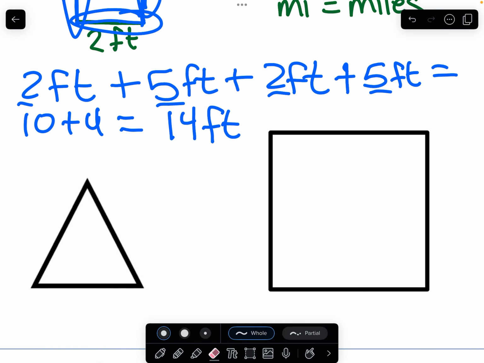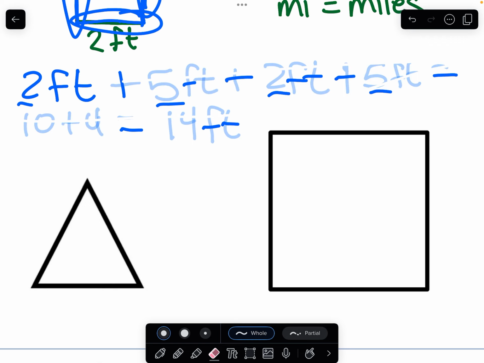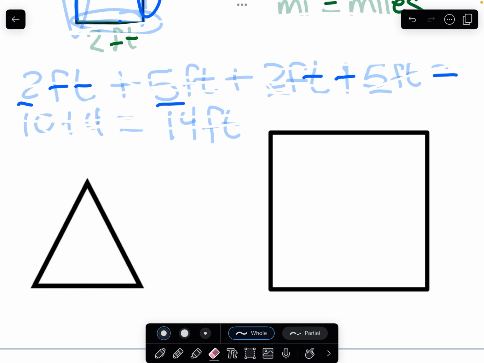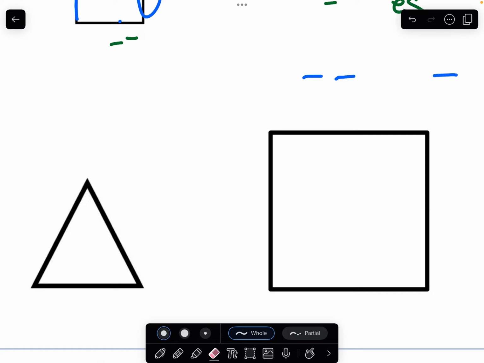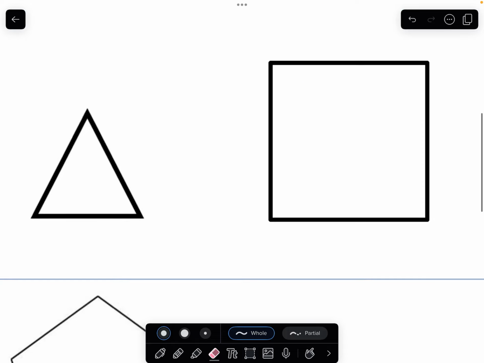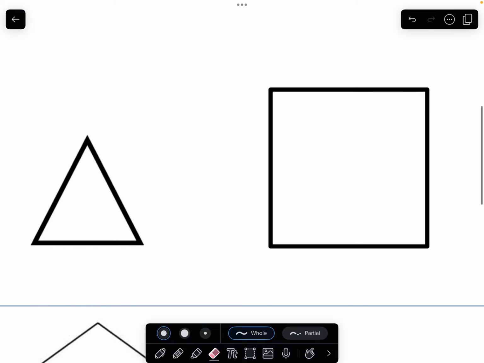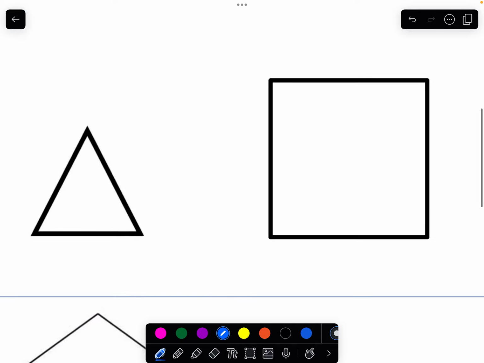And now let's explore perimeter with other shapes. Let's look at this triangle, this rectangle and this square right here. I'm just going to make up some measurements this time. Let's pretend inches. Let's start with this triangle. I think this is an isosceles triangle.